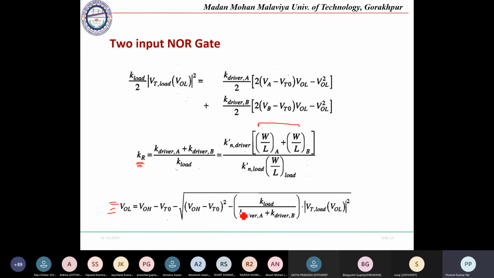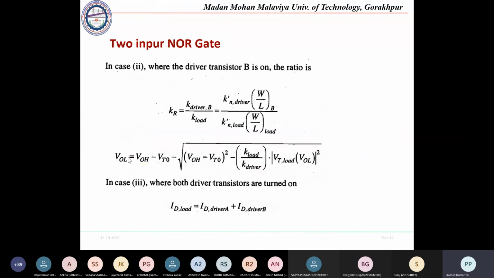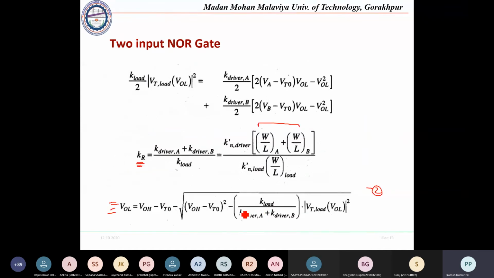Once we increase this value, if we compare this equation 2 with equation 1, here this value is lower, so the VOL value will be higher. But in this case this combination value will be high, so if the denominator is high, then VOL will be lower. So the VOL value in case of A and B high is lower.